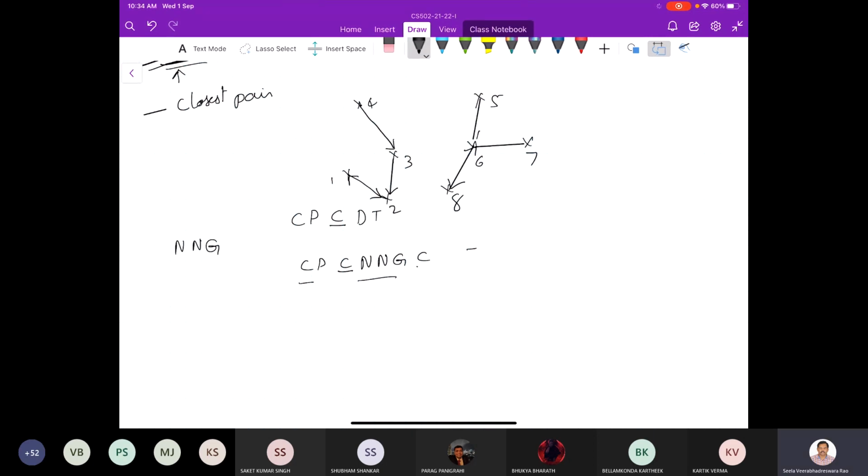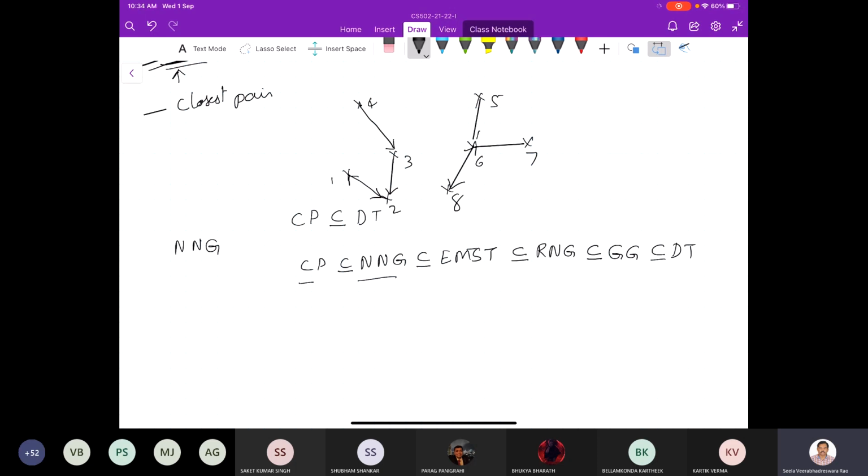I think this is a subgraph of the Euclidean minimum spanning tree. Then I define another graph, called the relative neighborhood graph, and another, the Gabriel graph. These are all subgraphs of the Delaunay triangulation.